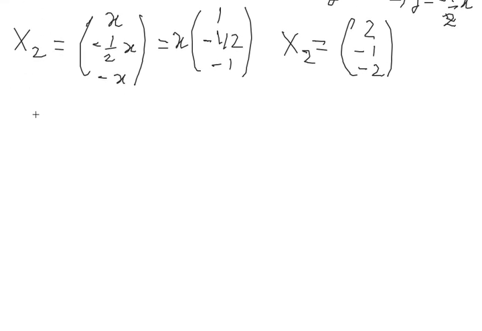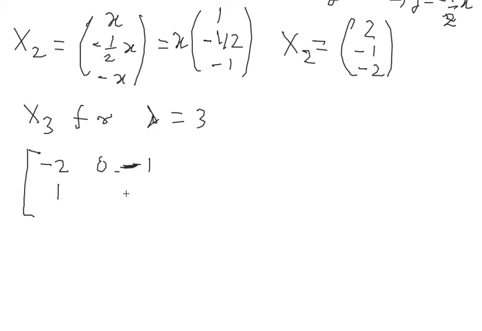Now for the third eigenvector, x3, for lambda equal to 3. The reduced equation, by the same way, I'm going to write directly: minus 2, 0, minus 1; then minus 1, 1, minus 1; and the last row is 2, 2, 0, acting on x, y, z.